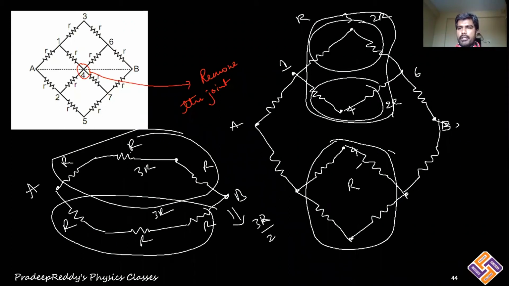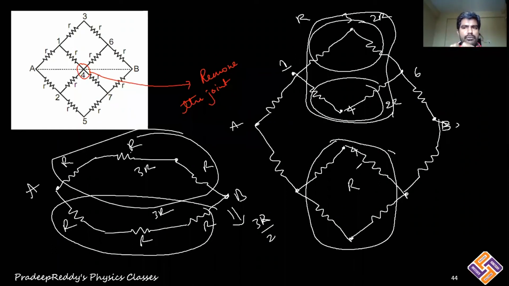It is very simple. Just identify the joint where there is no current division. Whenever you get such symmetrical circuits, identify the point where current division does not take place and simply remove the joint at that node.